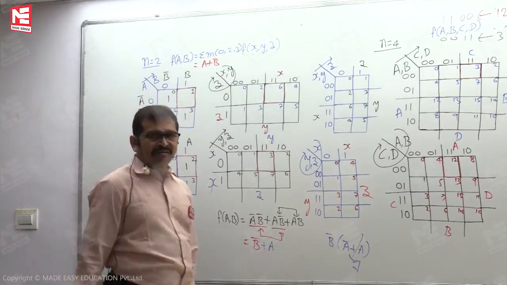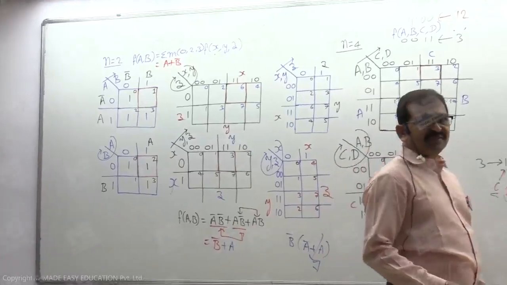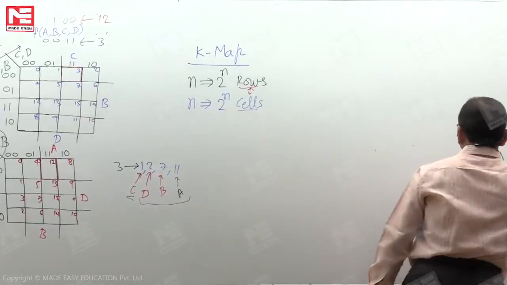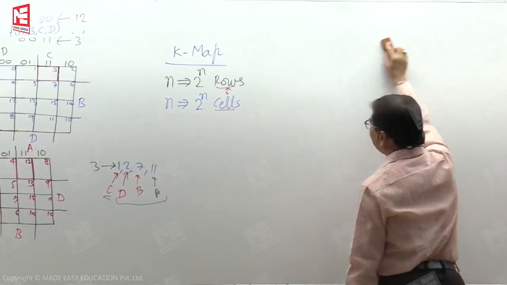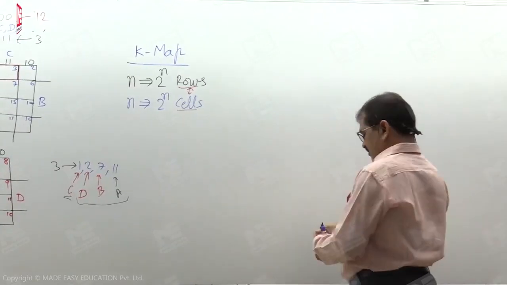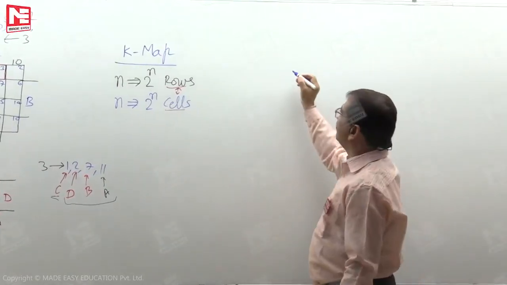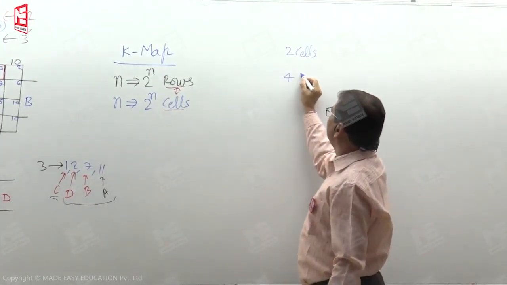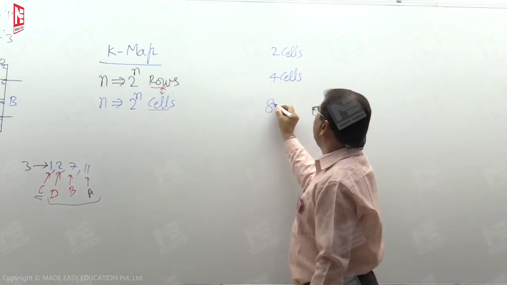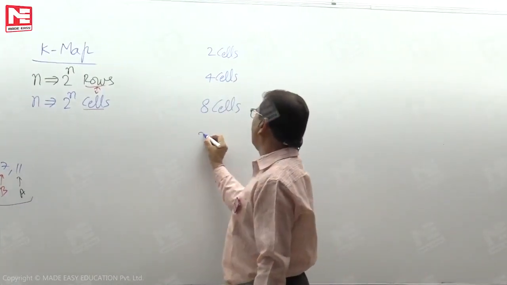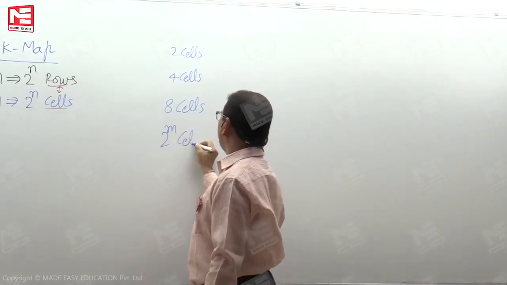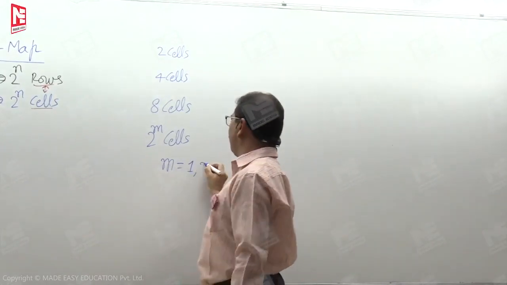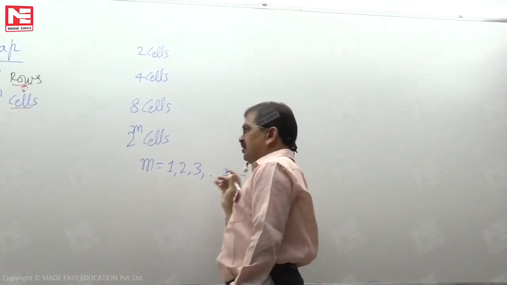Grouping of the cells is possible either with 2 cells, or 4 cells, or 8 cells, or in general a group of 2 to the power of m cells, where m is a positive integer.